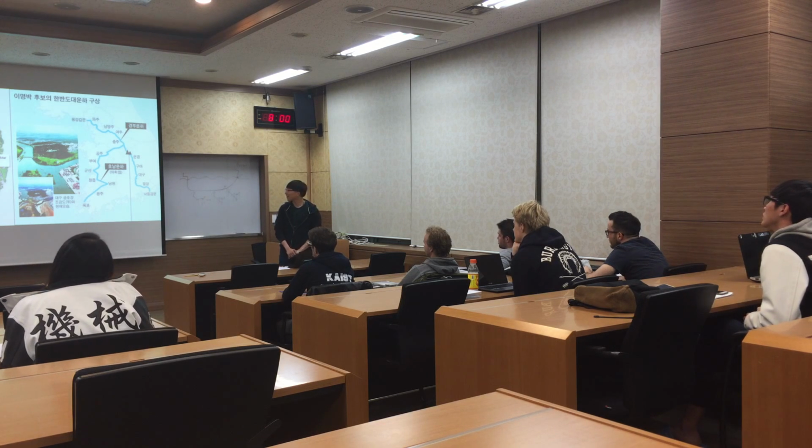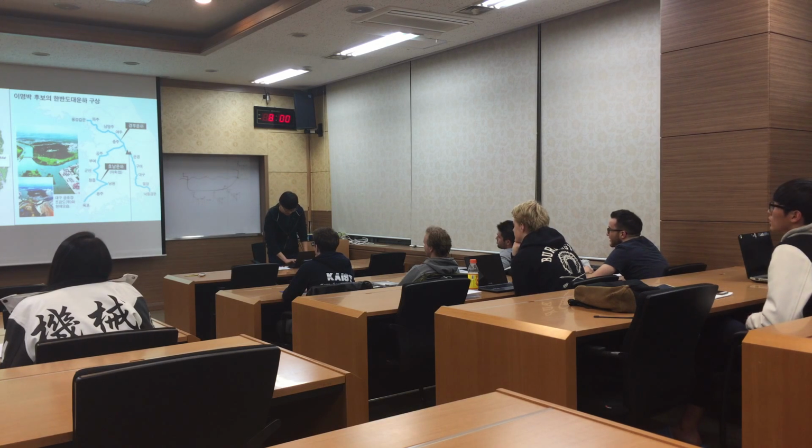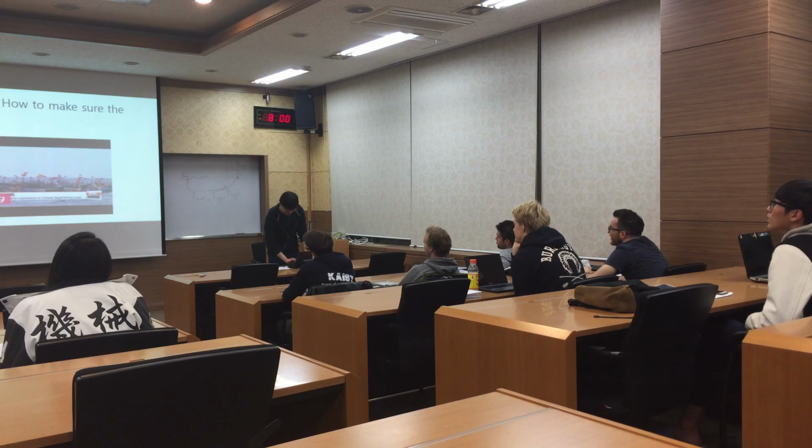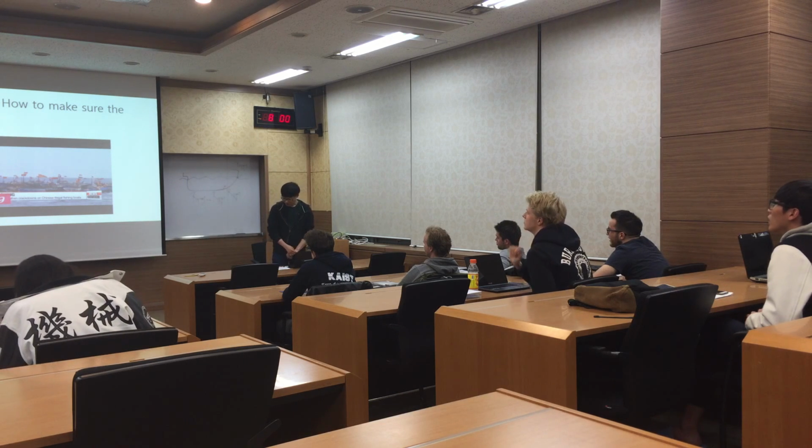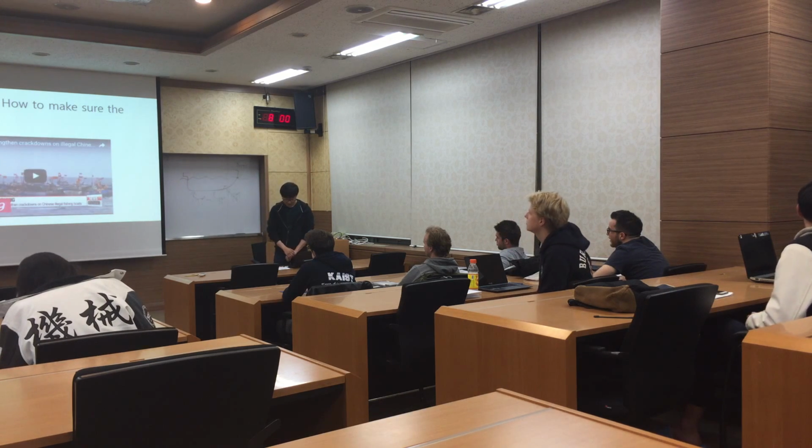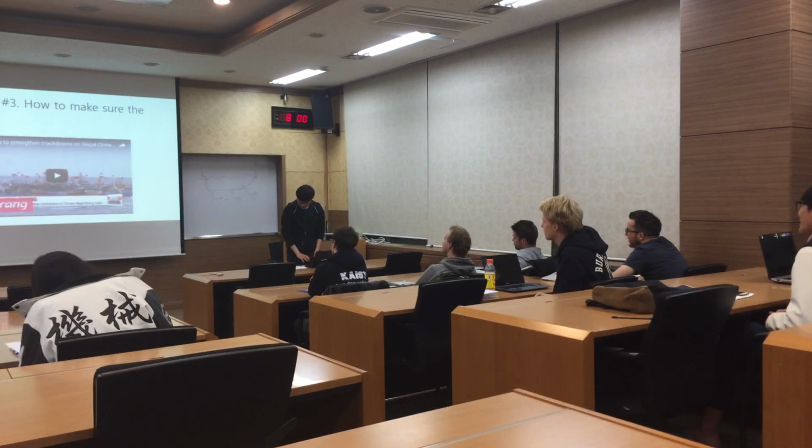Okay. Is there any idea? Then we can move on to the last discussion. So the third one is we are going to talk about the way to make sure of the boundary.